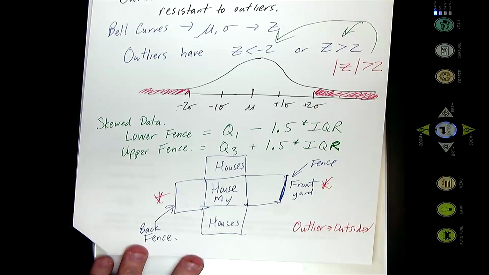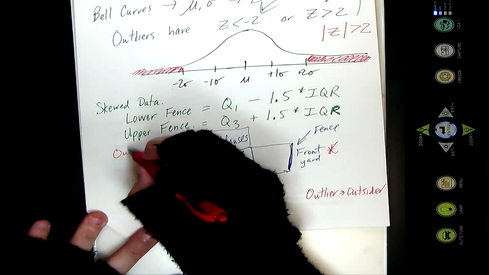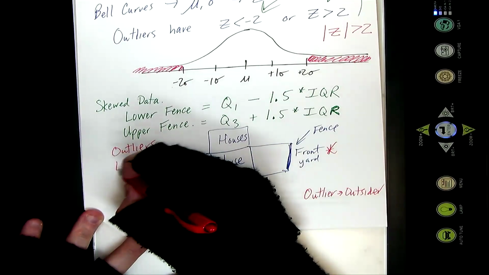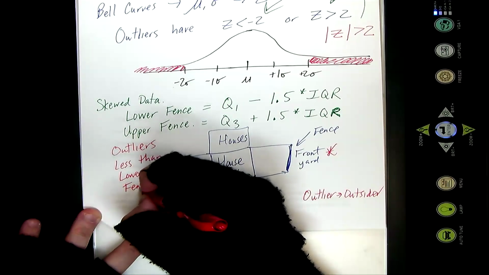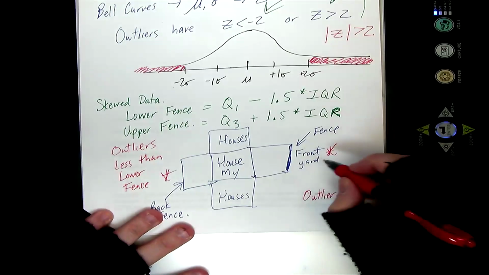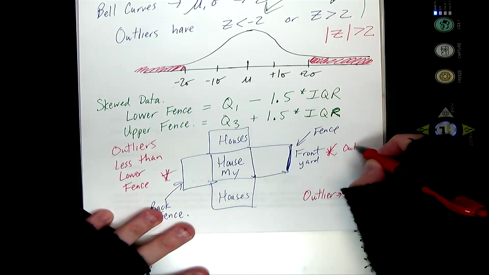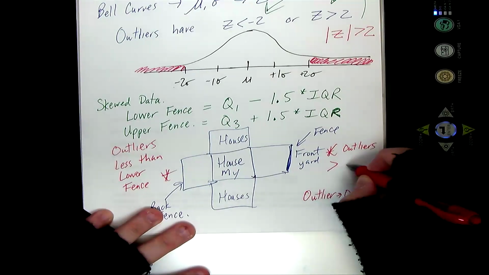So you could have people behind your back fence or in front of your front fence. That's effectively what's going on. We're gonna see this in the box plot. So how this relates is outliers are less than the lower fence or are greater than the upper fence.